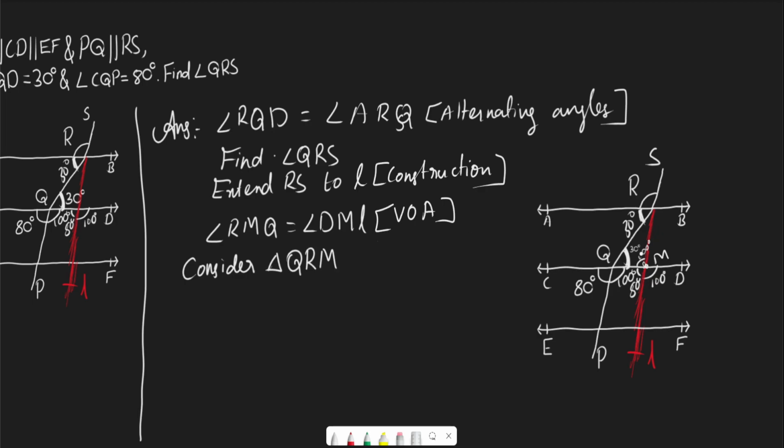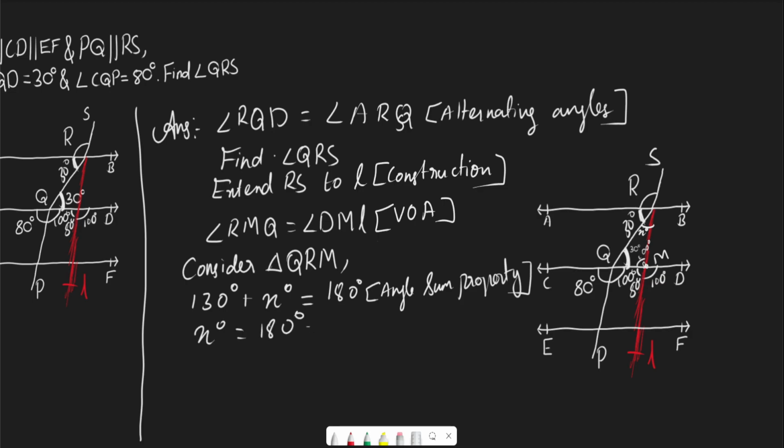We are going to find the angle, so we know that it's 130 degrees plus x degrees is equal to 180 degrees. Angle sum property, just write that. That means x is equal to 180 minus 130. That is, I believe, 50 degrees. Yes, it's going to be 50 degrees.